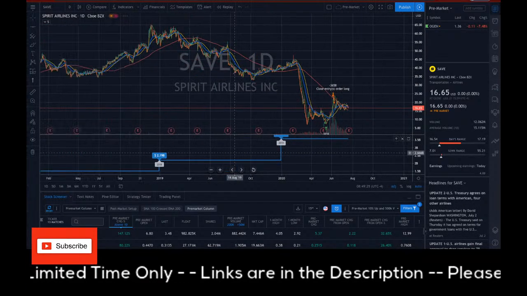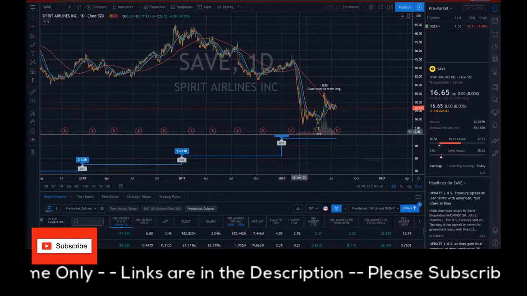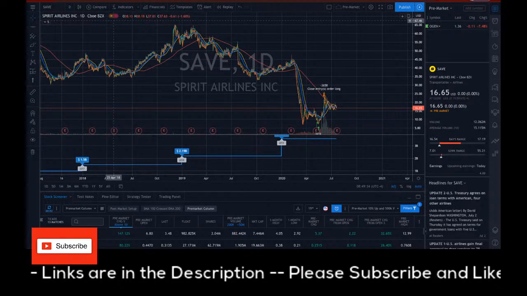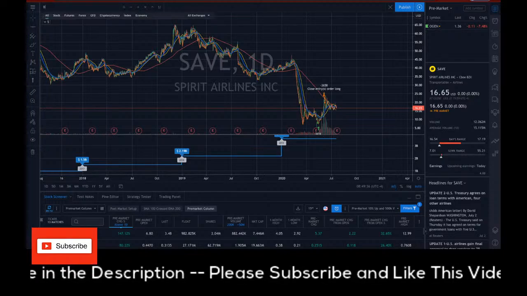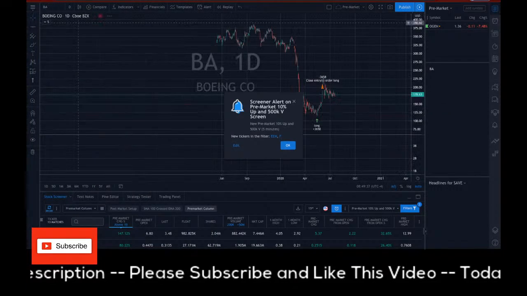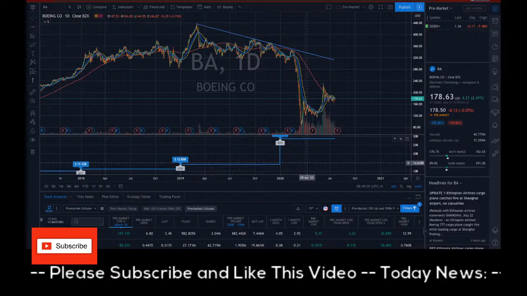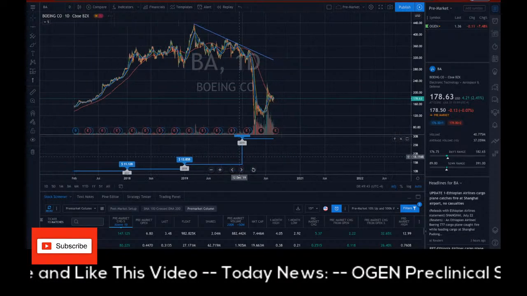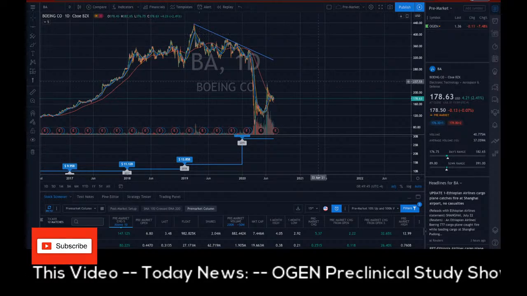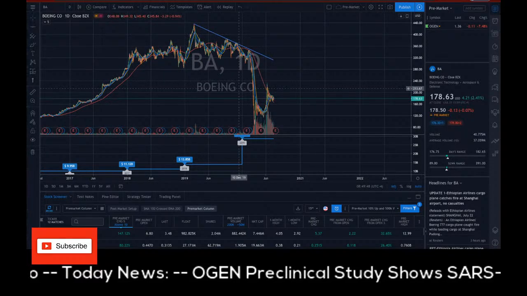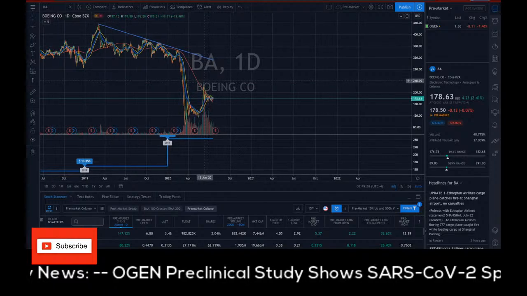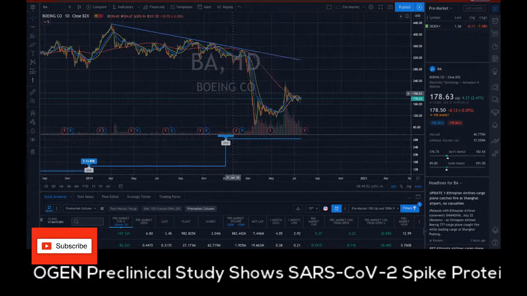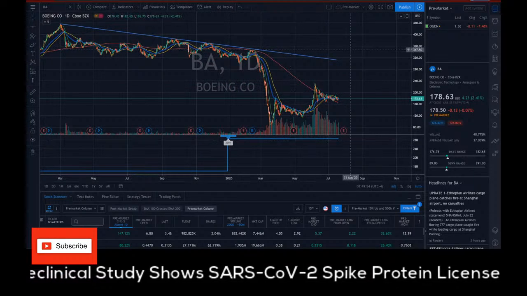Spirit Airlines debt is actually moving up, so the stock is going to go down. If you check BA, Boeing, debt is going up as well, so that's why the stock is moving down. So this kind of stuff, right? Just in case, I will keep the debt here for you guys to see.